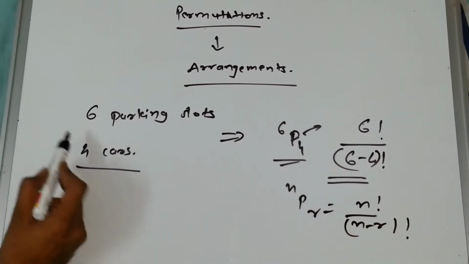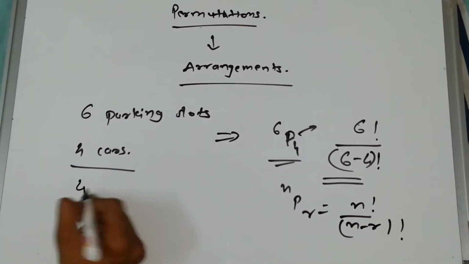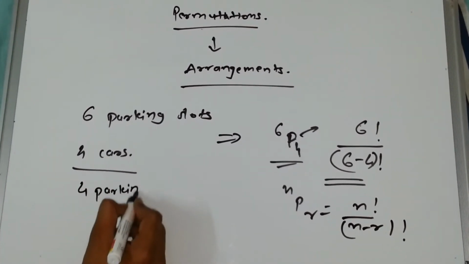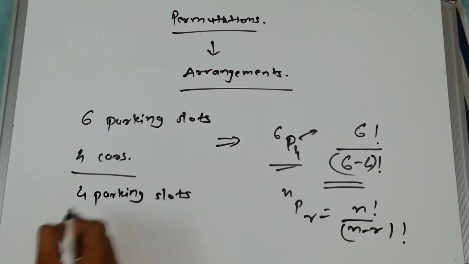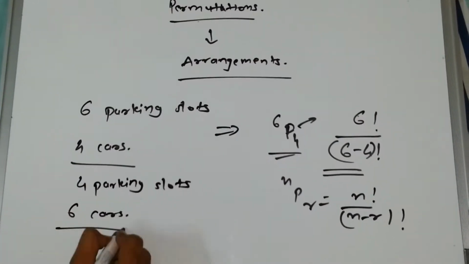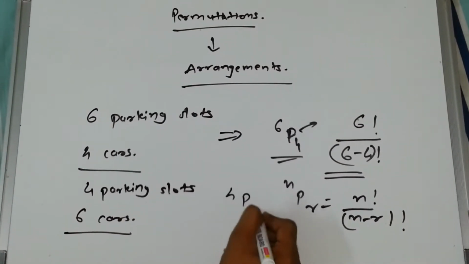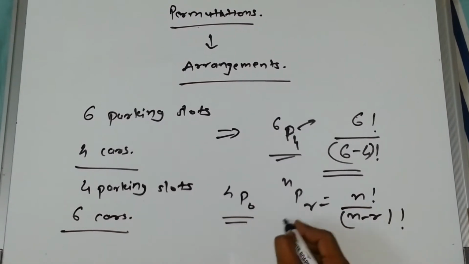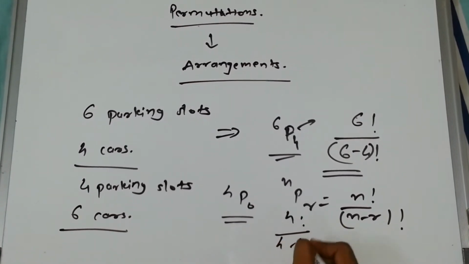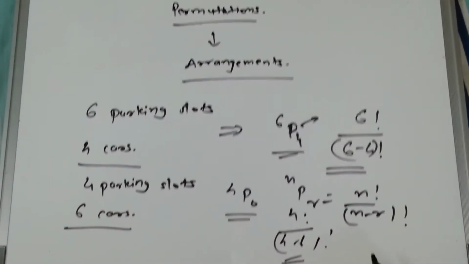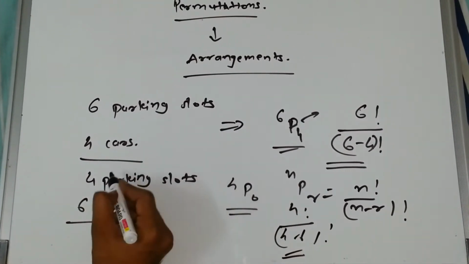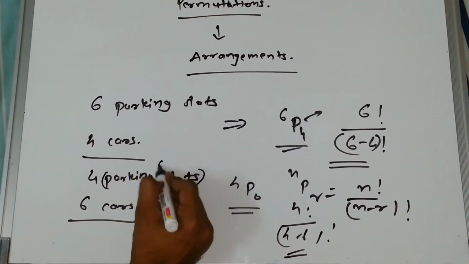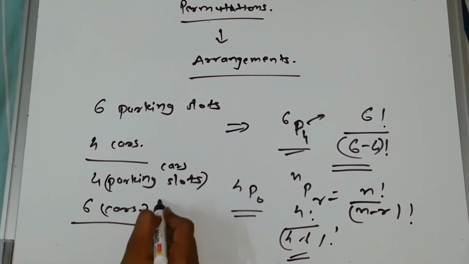Now, if we are considering the other way around, for example, we have 4 parking slots and 6 cars to park. So now it won't be like 4P6, because if you go like that, that will be 4 factorial by 4 minus 6 factorial. We don't have negative factorials. So what to do? Here, we will be changing parking slots by cars and cars by parking slots.